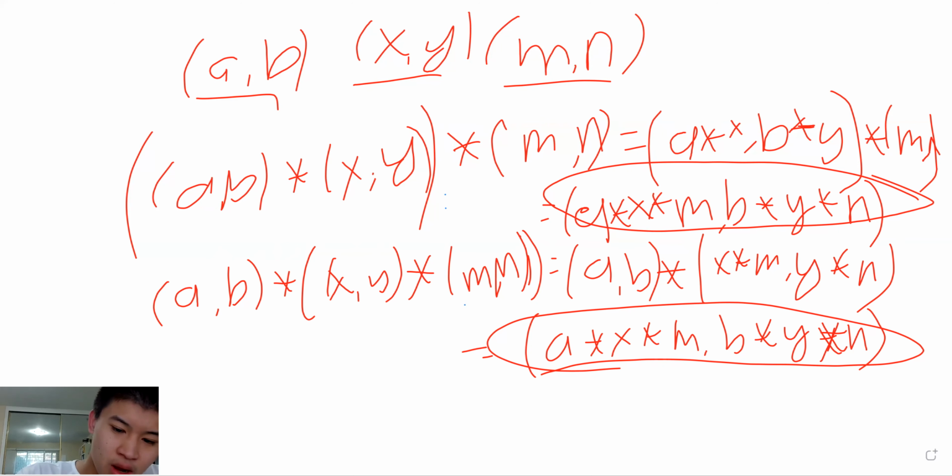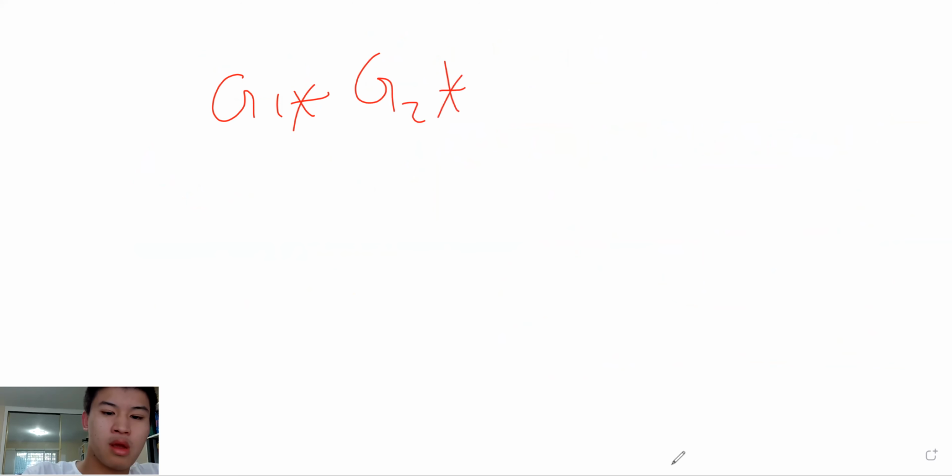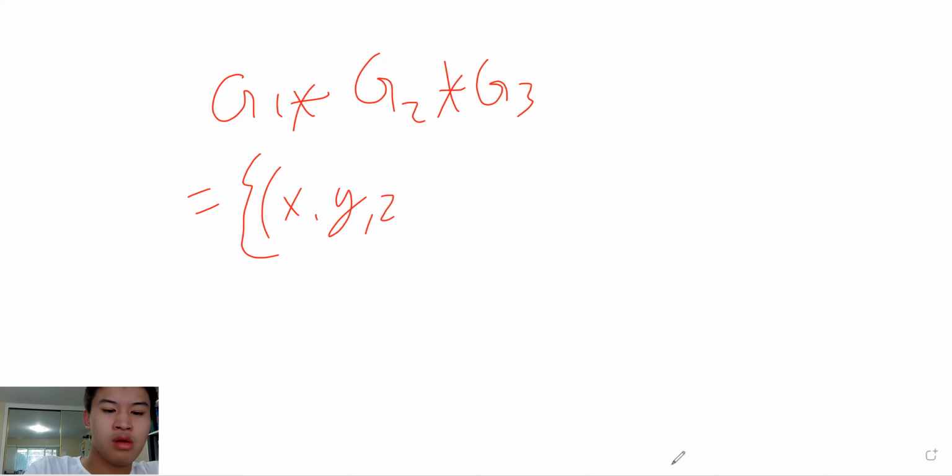We can also take the direct product of more than 2 groups. For example, let's try taking the direct product of 3 groups. G1 times G2 times G3. Then the elements will be (X, Y, Z).